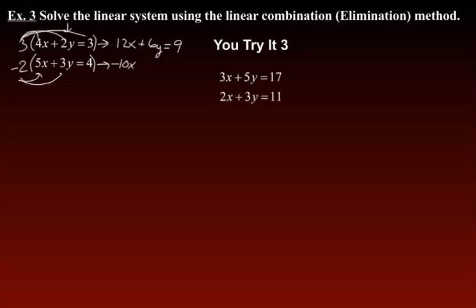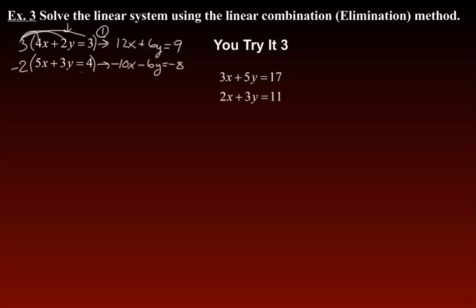I'm taking negative 2 times 3, which is negative 6y. And I'm taking negative 2 times 4, which is negative 12. Nope, negative 8. So that was step 1. This time we had to multiply both equations.